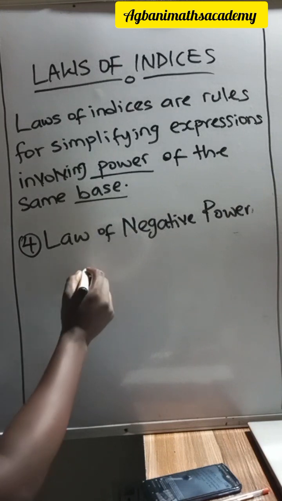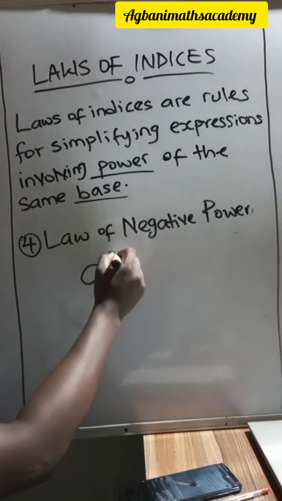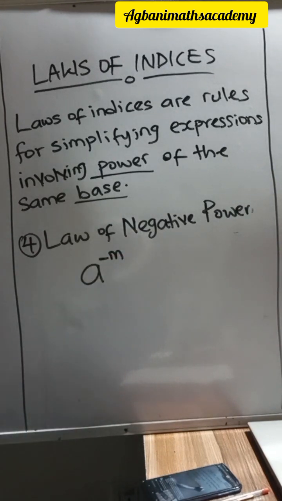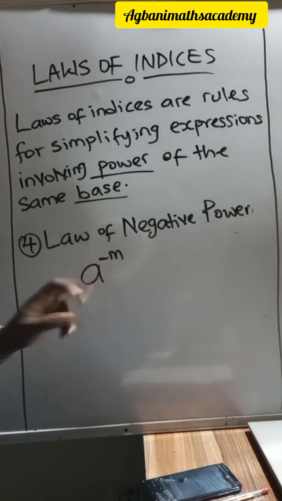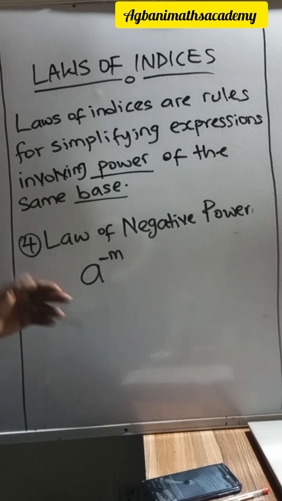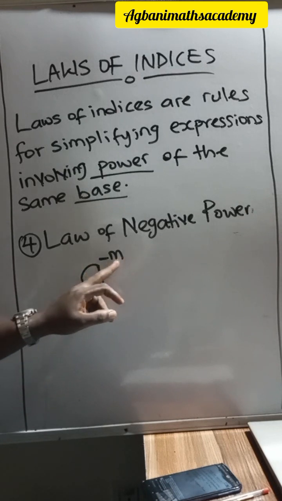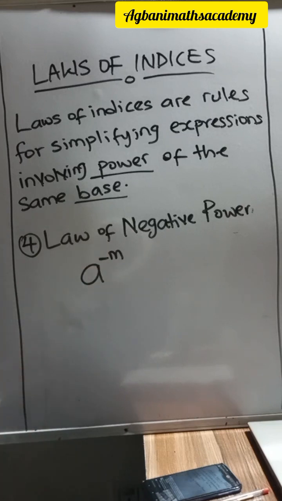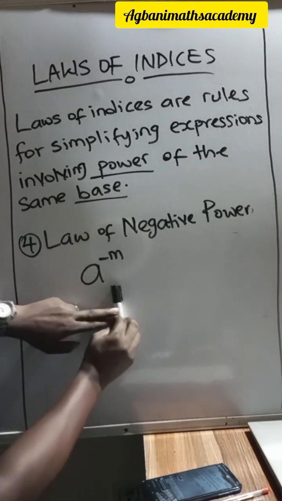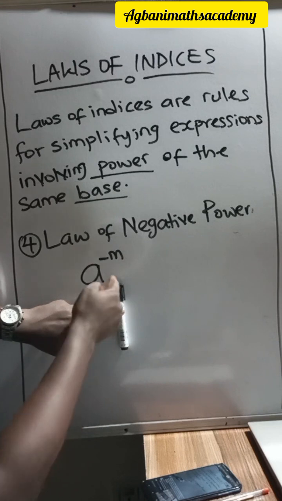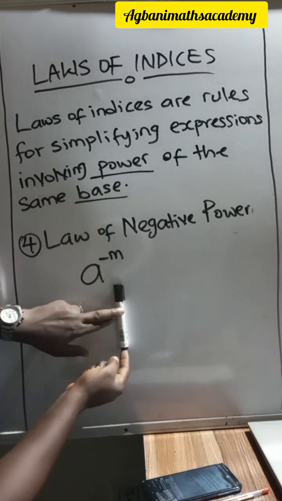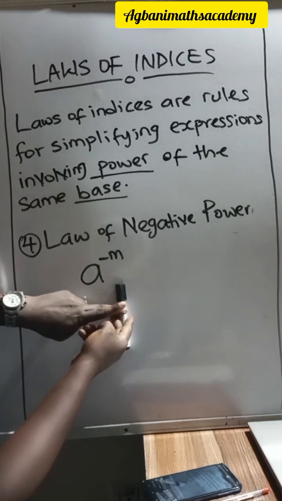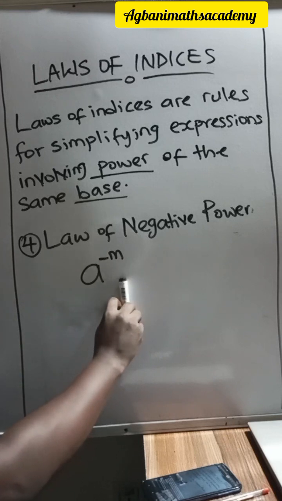This situation arises when you have something like a to the power of minus m. This negative simply means an inverse of a to the power of m. So what does it mean? If you have this marker here, this is the top side and this is the bottom. The inverse of this is simply turning this upside down.